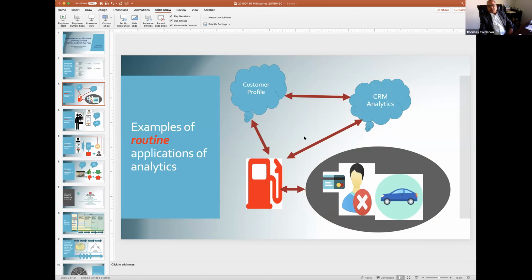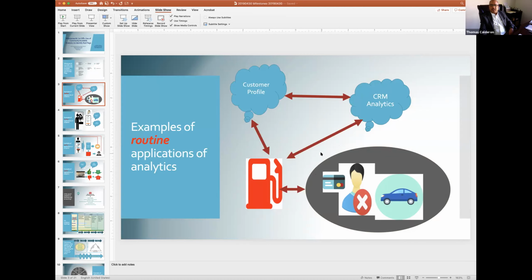We have never seen him purchasing gasoline in Orlando. Therefore, we should essentially ask him to stop, or ask the person who is using his credit card to stop. Well, the interesting thing about this is that Thomas Calderón is a subject of analytics.